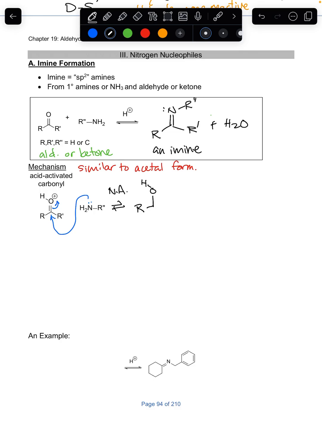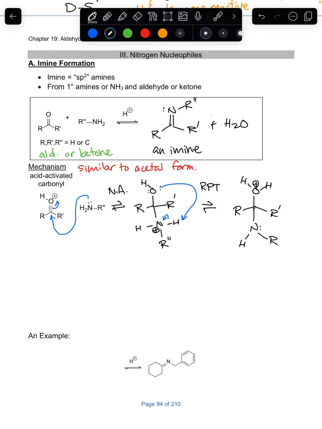And at this point, we would have this tetrahedral intermediate where the carbon that used to be sp2 and flat is now sp3, and through rapid proton transfer, if the proton moves around, we do see a potentially good leaving group like water here, right?